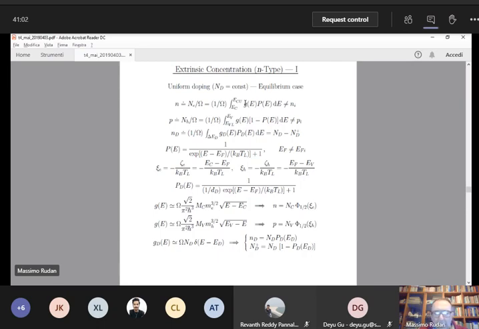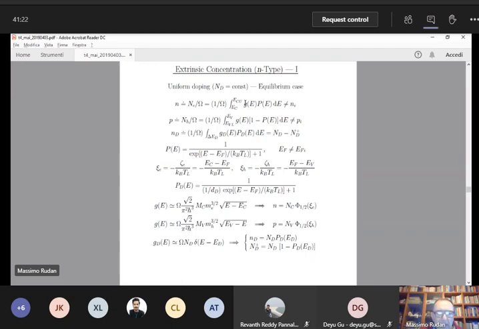So P will be different from Pi, and also N and P will be different from each other, okay? For a donor type dopant, the population of electrons will be larger than that of the holes, okay?